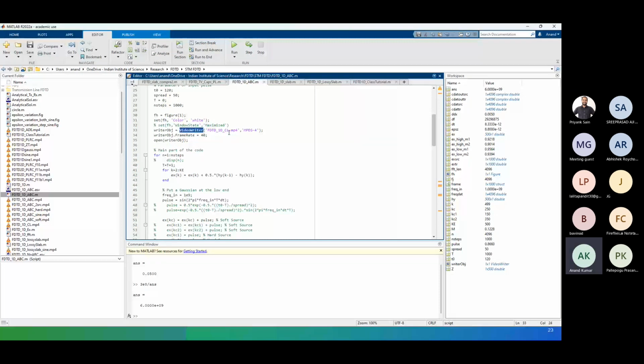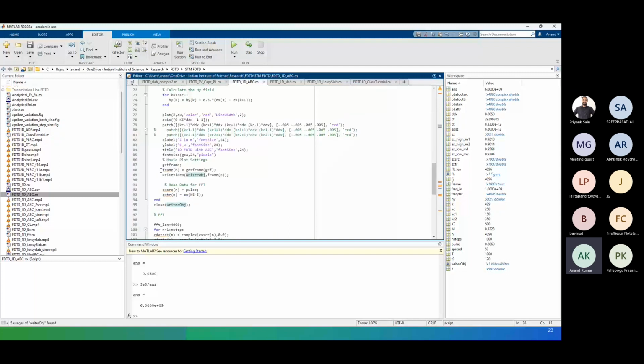We open an object, get the frames from the simulation, write them to a video file, and then close the video file. I'll let it be there in the next code which I share. Maybe you can use the MATLAB help over here to search the functions which are being used. If you have any follow-up questions, you can ask me or even use Google. It is not very difficult.